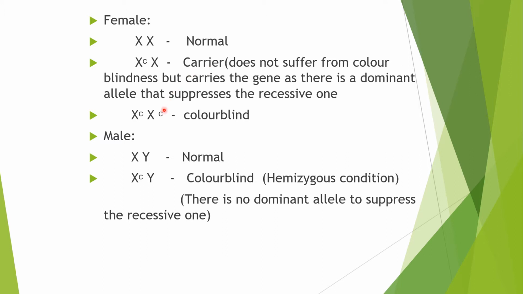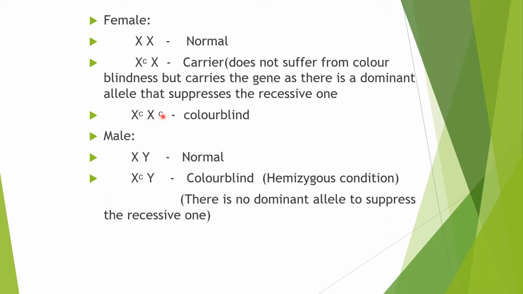Now look at the third genotype in the female. Here, both the X chromosomes have the recessive alleles. This X chromosome has the C gene and this X chromosome also has the C gene.